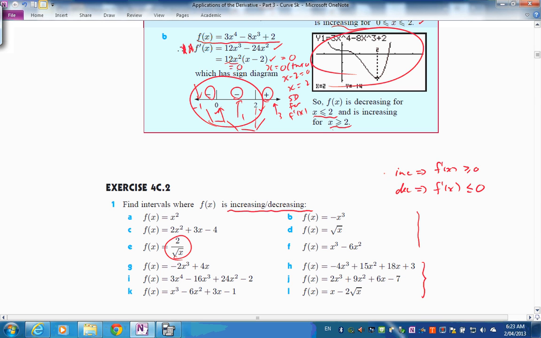So using that tool there, and your sign diagram. Alright, so pause the presentation now and have a go. I'm going to just show you the solutions down here, so you can scroll down and look at those when you're ready.